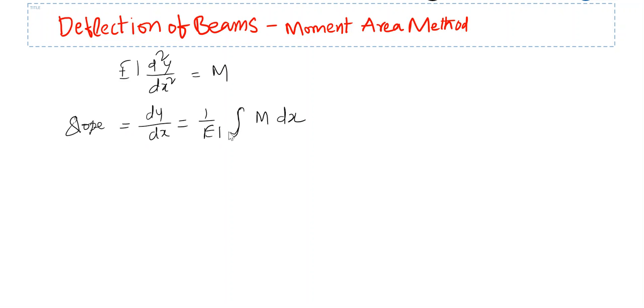So the slope is nothing but 1 by EI times the area under the bending moment diagram. For example, if we have any function y equal to f of x, here is our x-axis and here is our y-axis.